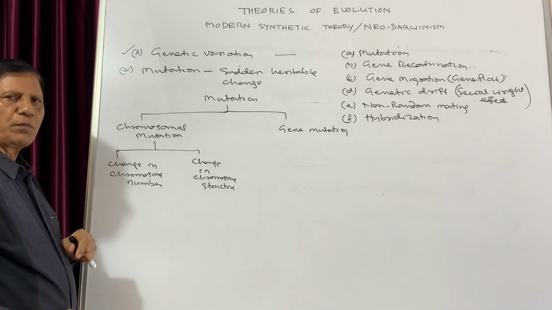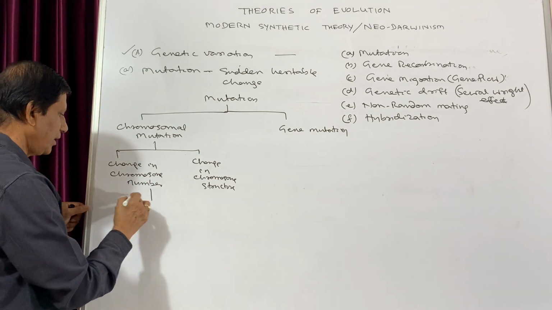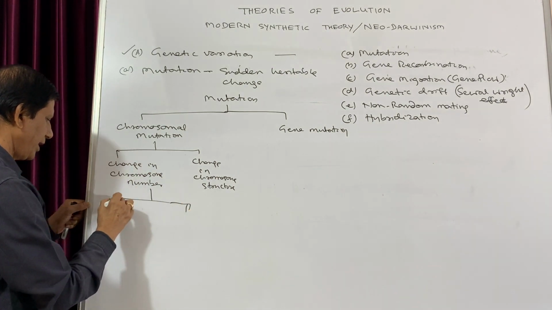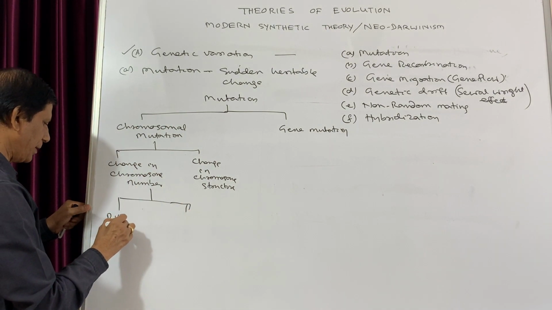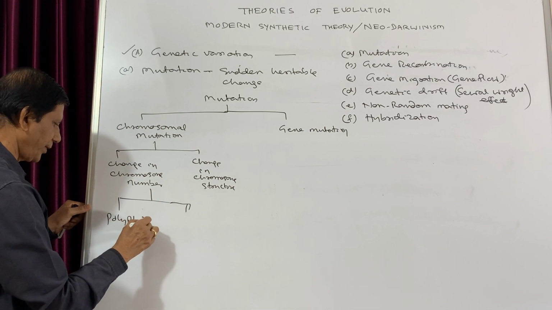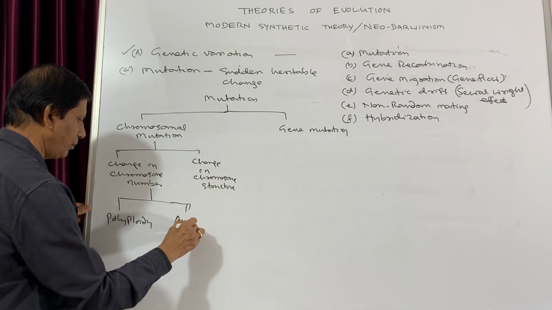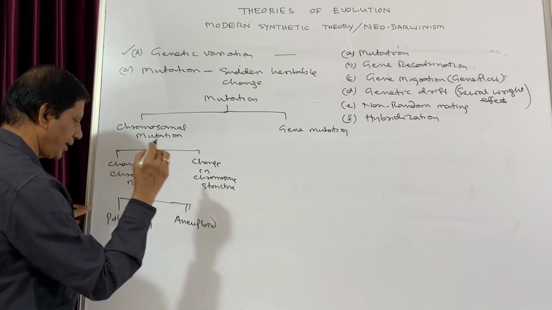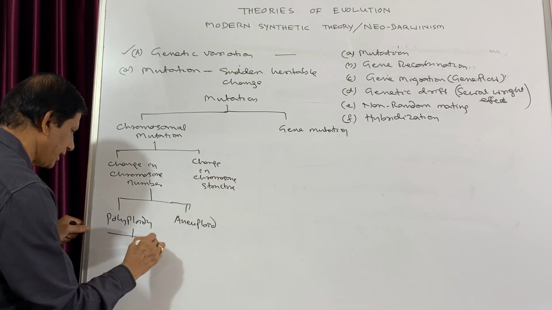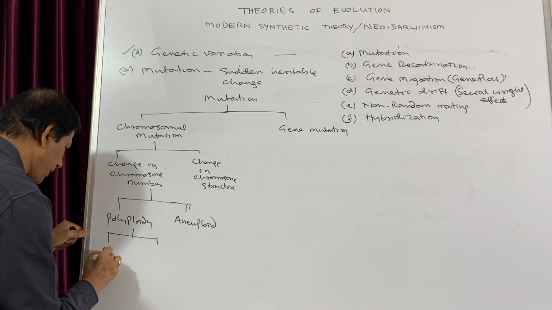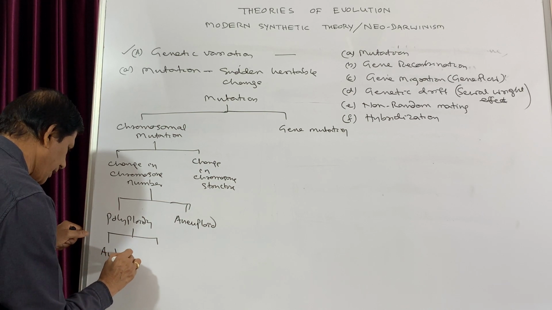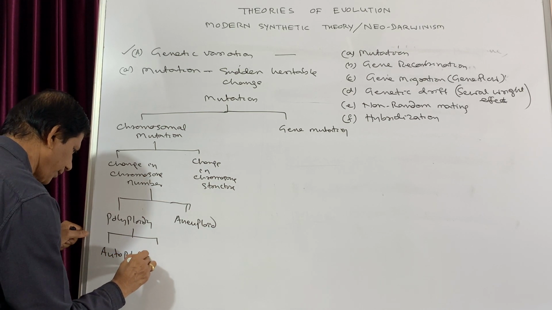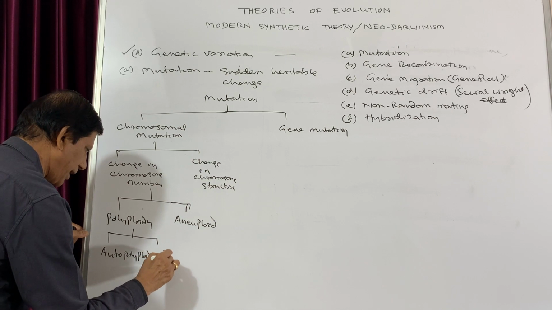Now change in chromosome number is again of two types. It may be polyploidy or it may be aneuploidy. Now polyploidy is again of two types. It may be autopolyploidy or it may be allopolyploidy.